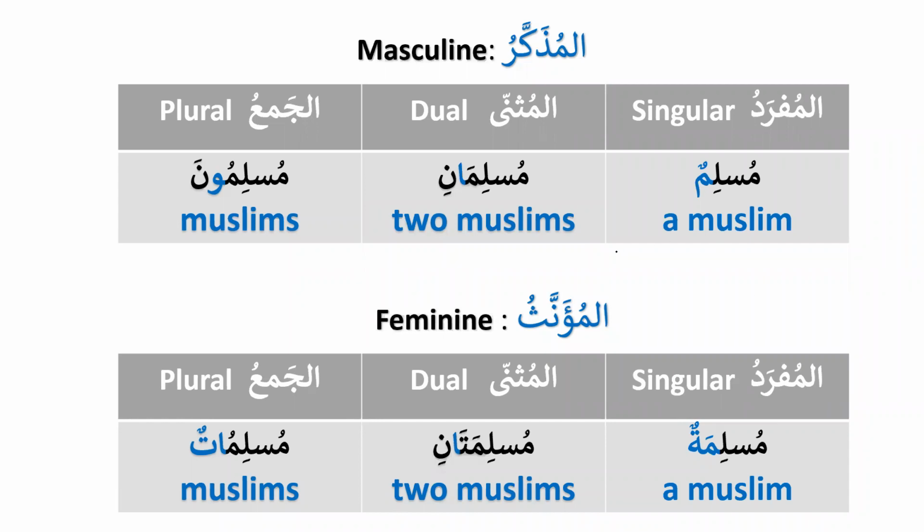So we have Muslimun, Muslimani, Muslimuna. And for the feminine, we have Muslimatun, Muslimatani, and Muslimatun. The dual sounds similar, but the plural is completely different. Here the plural has the una sound, and here the plural has the atun sound.